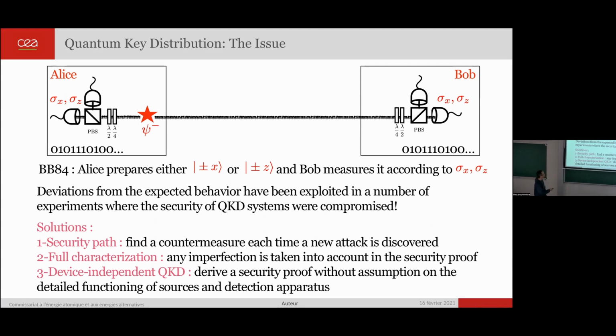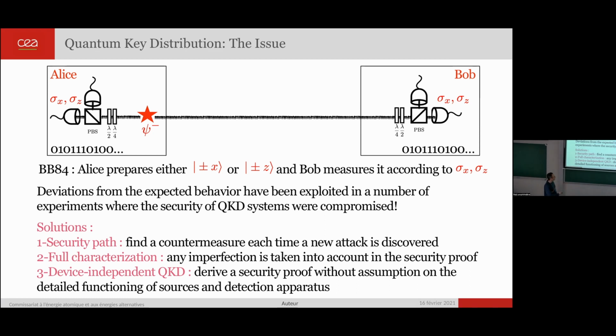Another possibility is to say, instead of adjusting the implementation, let's change the theoretical analysis and put the full model of the setup, the full model of the detector, into the theoretical analysis and try to prove security there. But this also is very impractical because first, we don't have a full model of everything, and even then, it would be extremely cumbersome to get any concrete proof out of it.